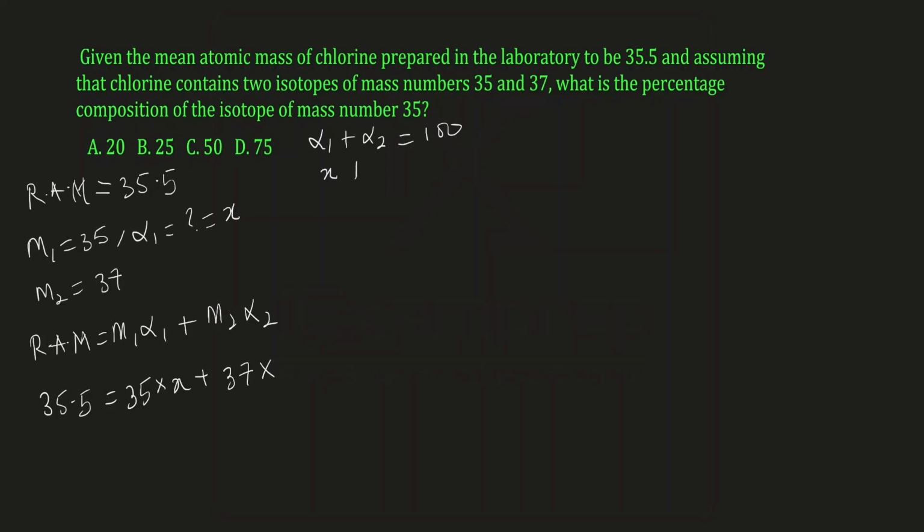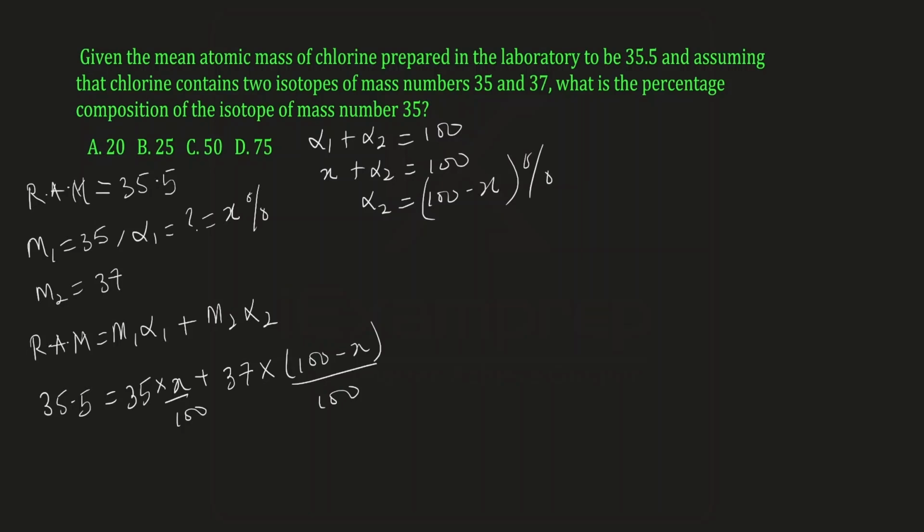If the first is X and they must equal 100, it means the abundance of the second one must equal 100 minus X. So I'm going to replace the second abundance with 100 minus X. They are both expressed in percentage, so it's X percent, meaning X over 100, and this also will be over 100. In fact, I'm going to put the percent here so that it makes more sense and does not get confusing. Now let's solve for X.